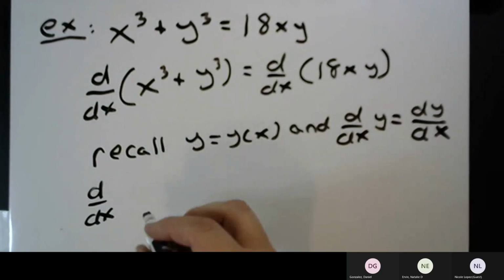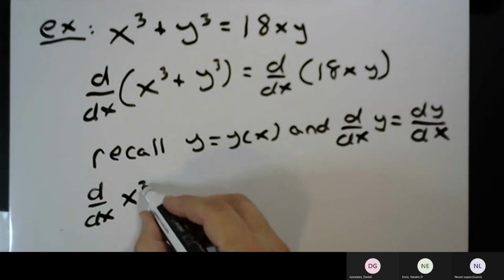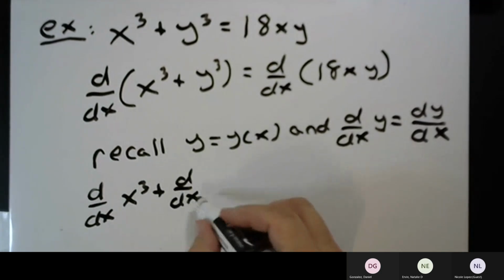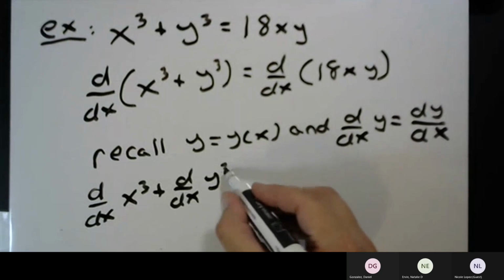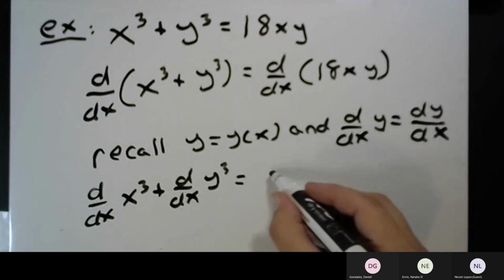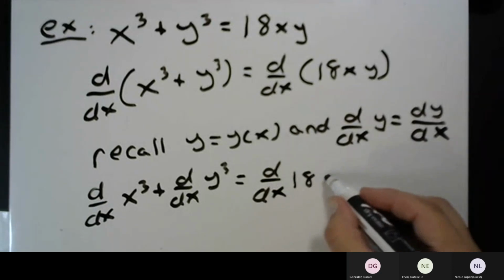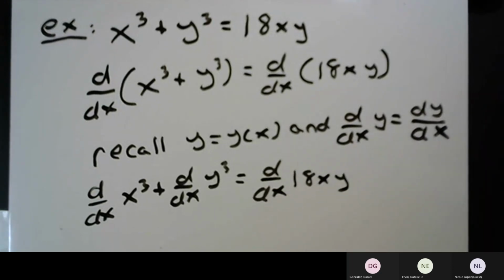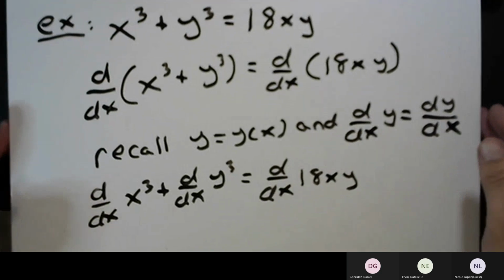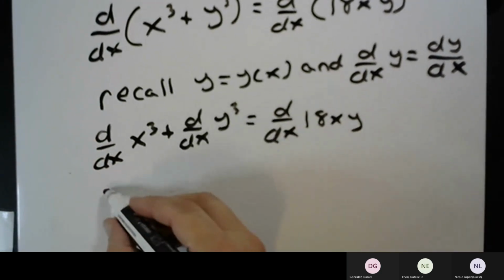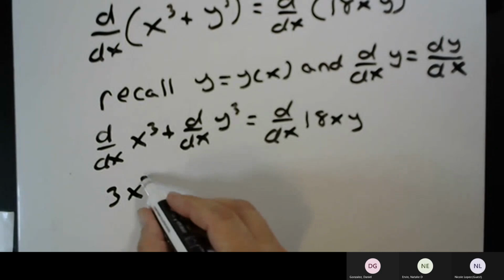d/dx of x cubed plus d/dx of y cubed equals d/dx of 18xy. So the important thing here, this we can do, 3x squared. Got it.